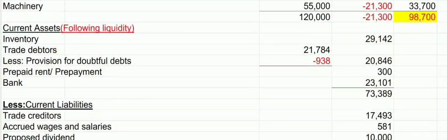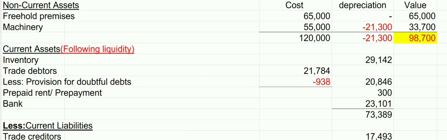Then you will get the total depreciation or accumulated depreciation, 21300. You minus, you will get 33700. And please remember to total up your cost, accumulated depreciation and net book value.